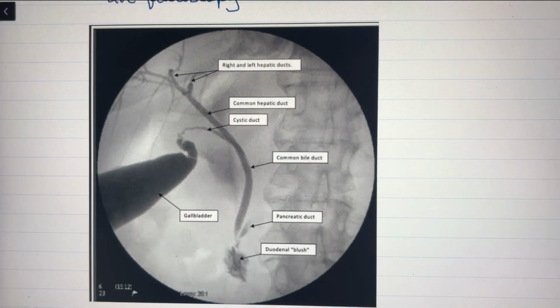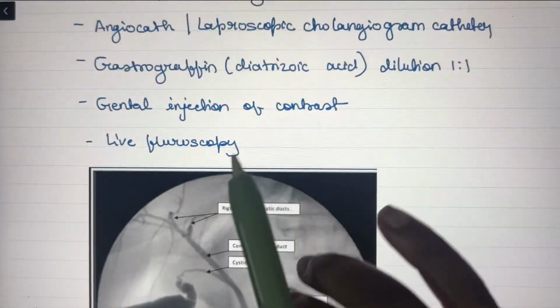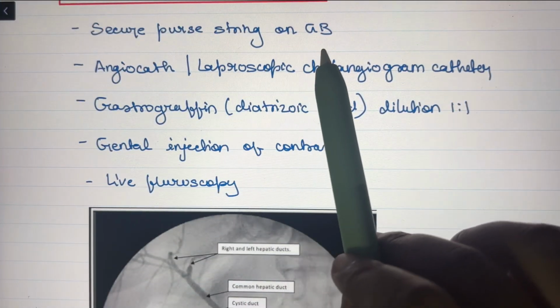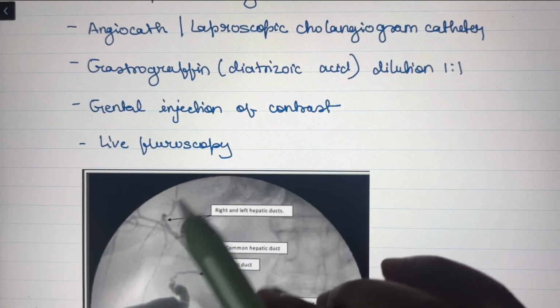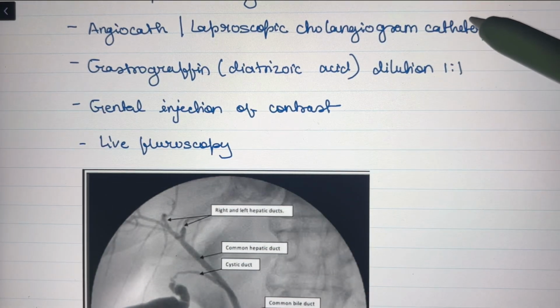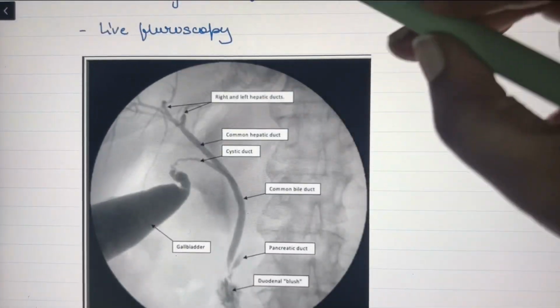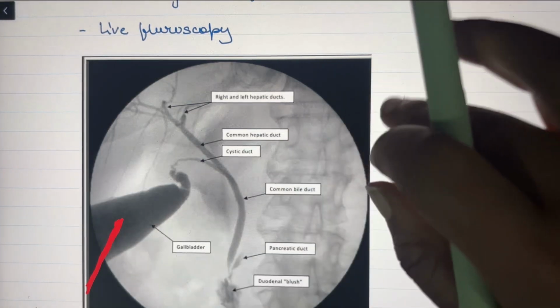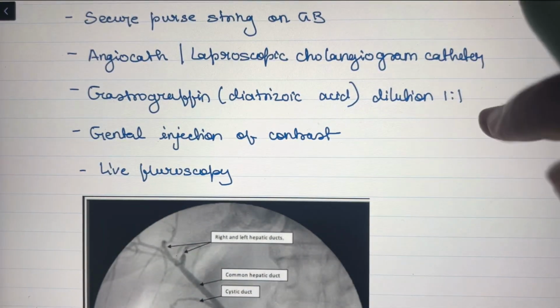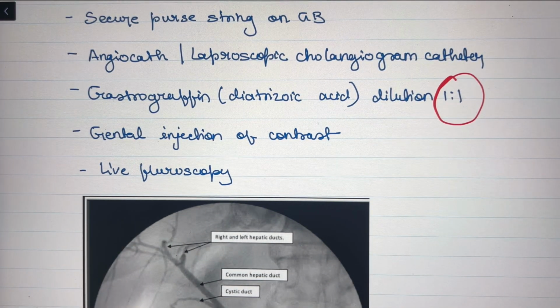in the duodenum. In this case, how it is done: we secure a purse string suture on the gallbladder. An angiocath or laparoscopic cholangiogram catheter is introduced inside the gallbladder, and gastrografin dye is diluted at the ratio of 1:1.